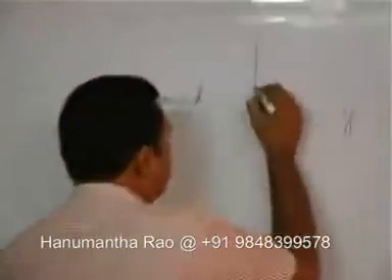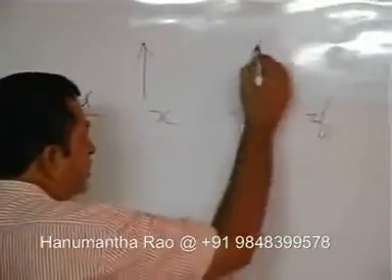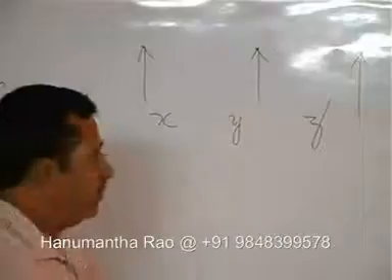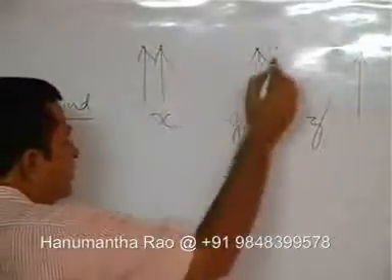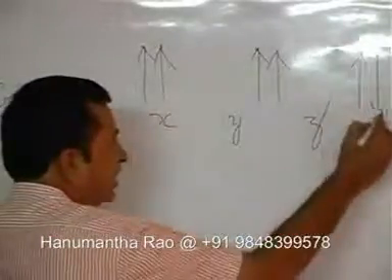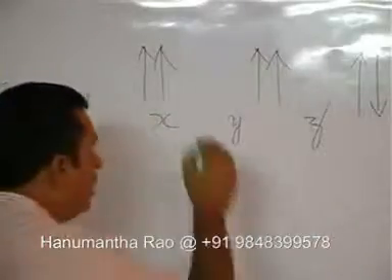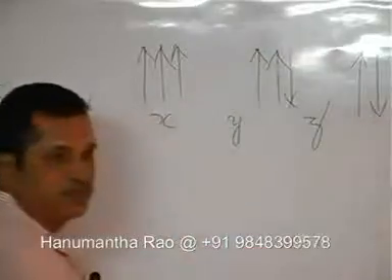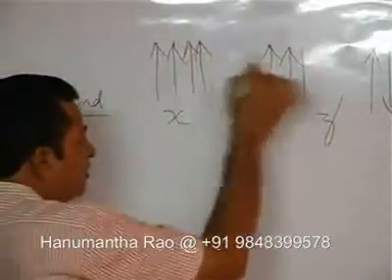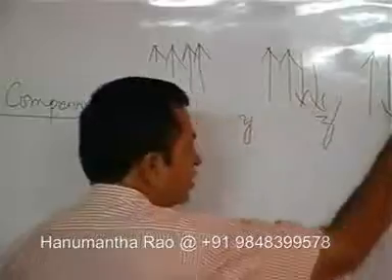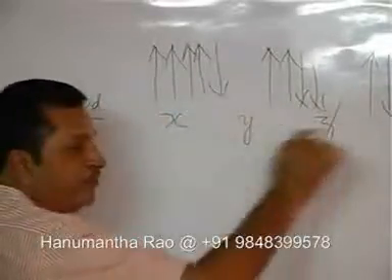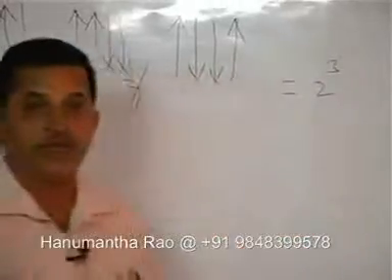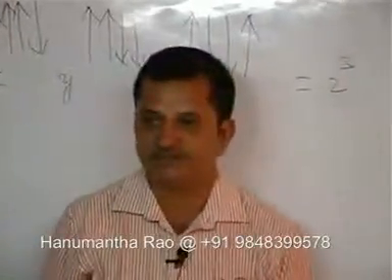When the x value increases, y also increases, z also increases, one model. When x increases, y increases, z decreases, one model. X increases, y decreases, z decreases. X increases, y decreases, z increases. X decreases, and so on. If you take 3 variables, 2 cube, that is 8 models will come.